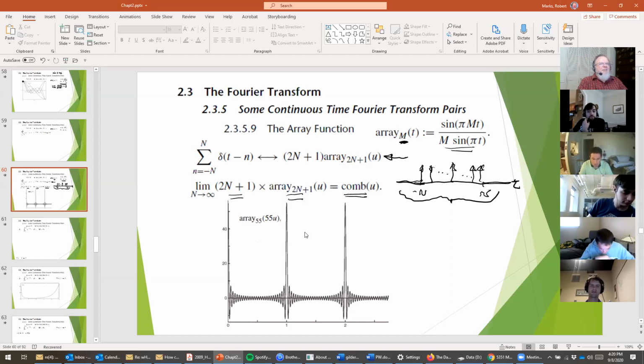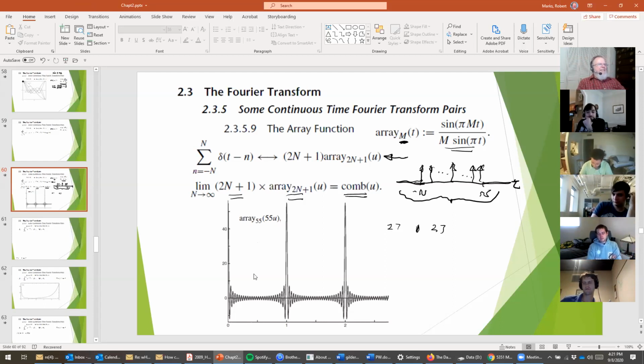No, 2n plus 1. 27. 27. Oh. Okay, so we have 27. We have 27 on one side. We have 27 on the other side. So, and then let's see, that's 54, and then 1 at the origin. So that's a total of 55.